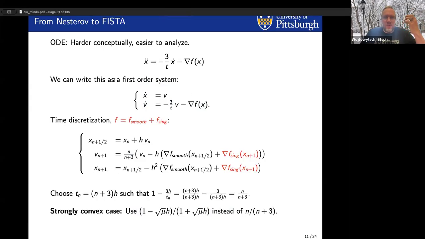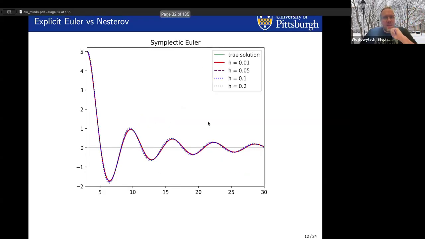And from Nesterov, we can also get to FISTA, which is basically you just split the gradients here into an explicit part and an implicit part. But same ideas otherwise. That is the only difference. And that gives us much better stability when we have, say, something that is not smooth and we actually get convergence then. So this is the symplectic Euler scheme.